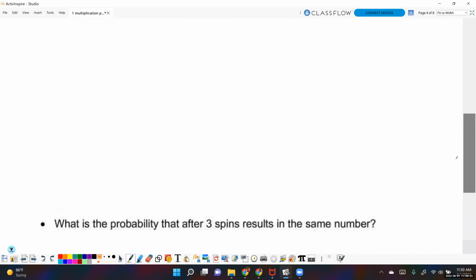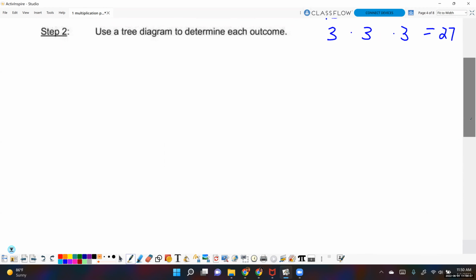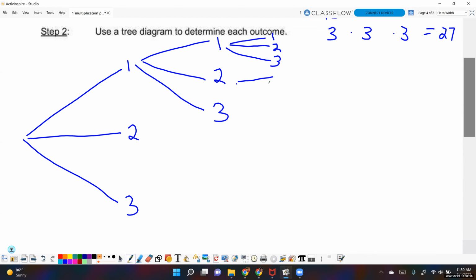So we're gonna go tree diagram, and I need some space because I'm gonna have to have 27 here. So I'm gonna have 1, 2, 3. 1, 2, 3. 1, 2, 3. And I'm not going to write the numbers. I'm going to do the first one, and then I'm going to leave it. This is going to get too crowded.